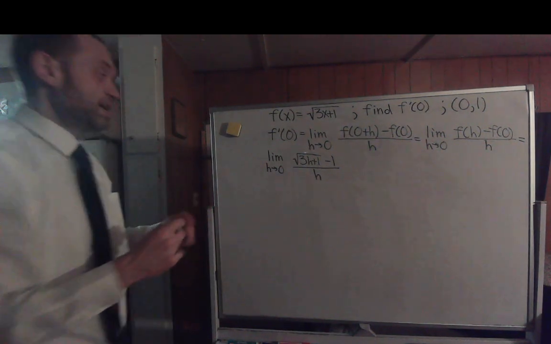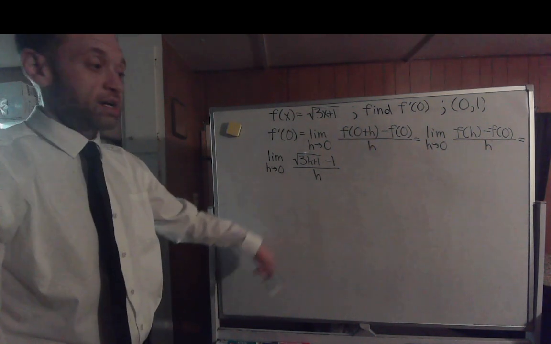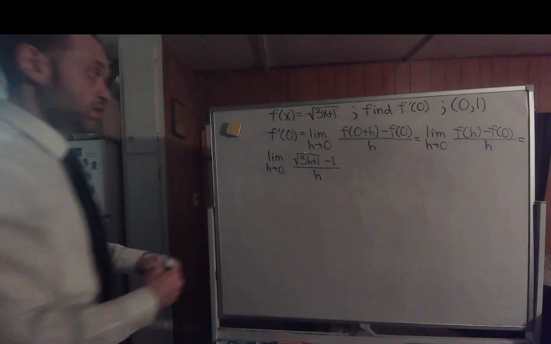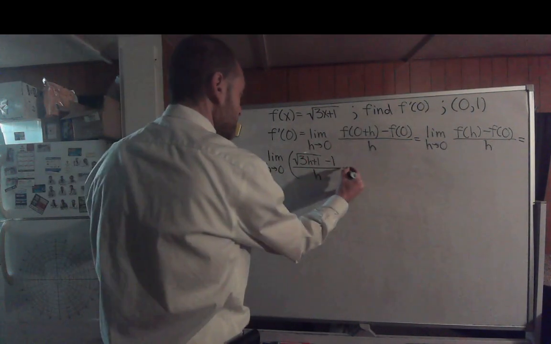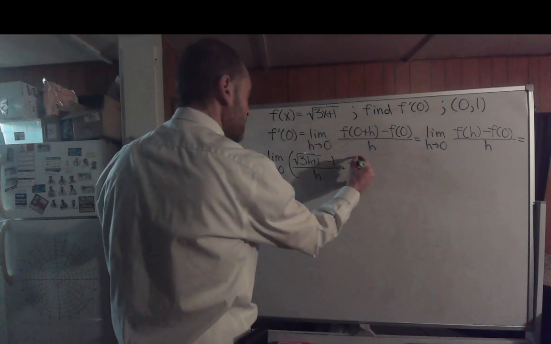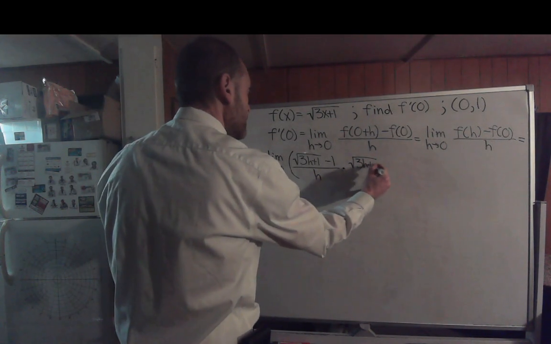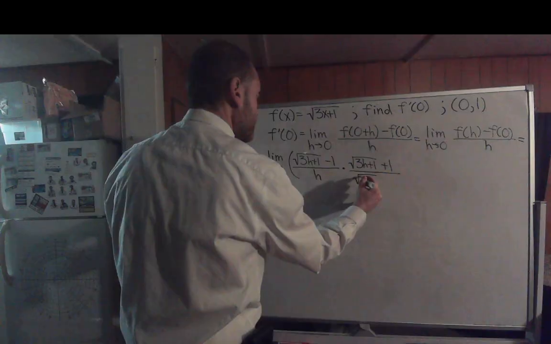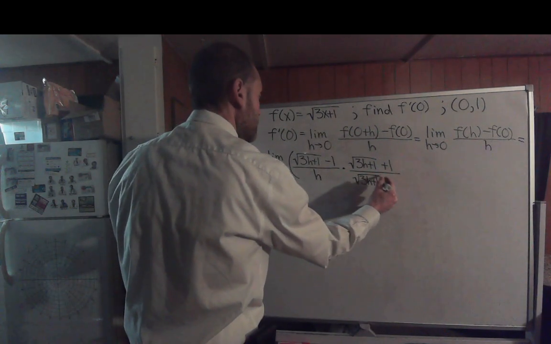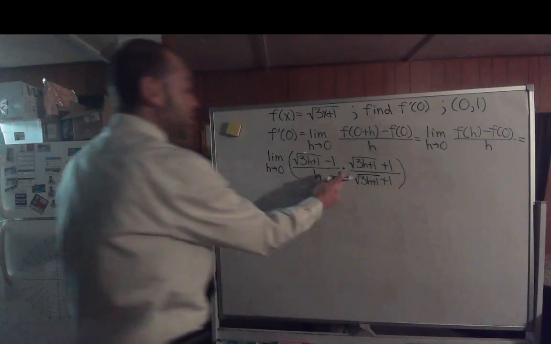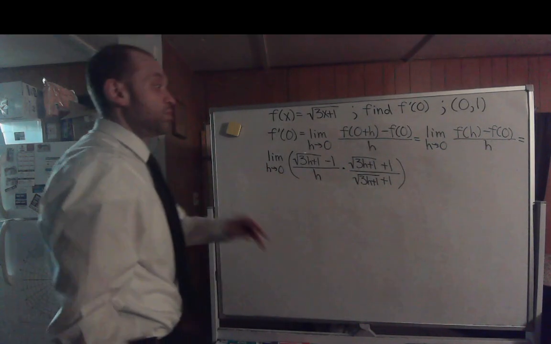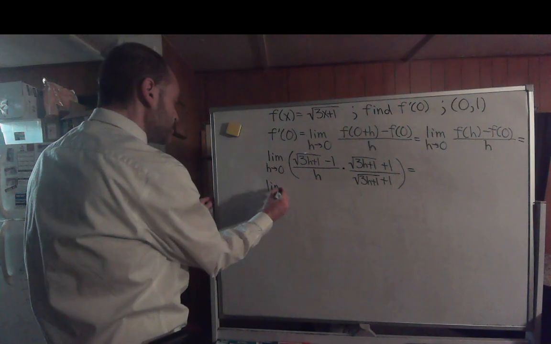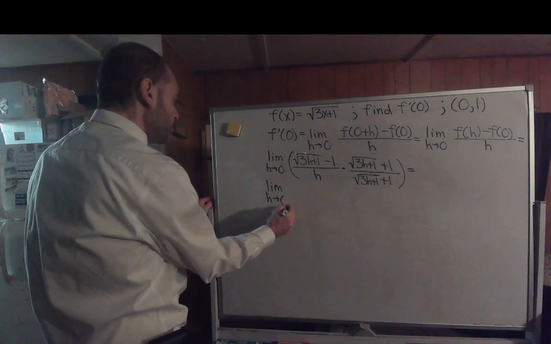Of course we can't do direct substitution because we'll get a denominator of 0, but we can use the conjugate method. So let's go ahead and do the conjugate method. We multiply by the square root of 3h plus 1 plus 1, over the same.